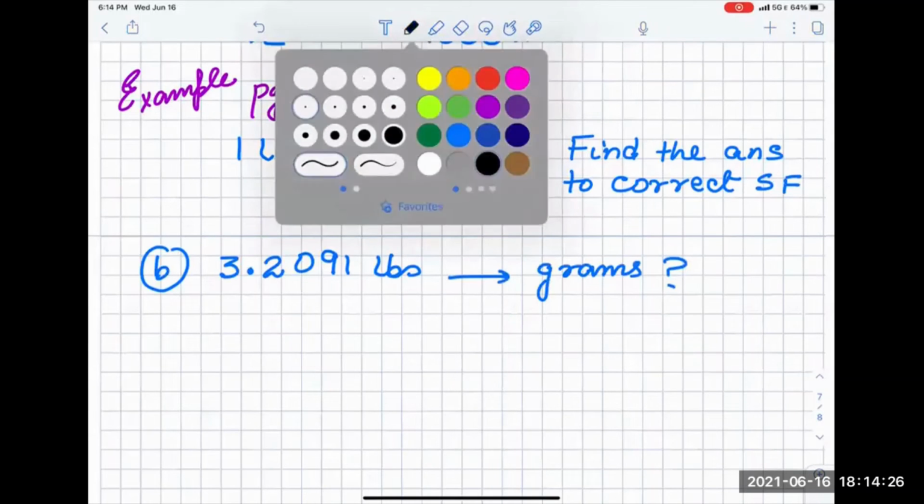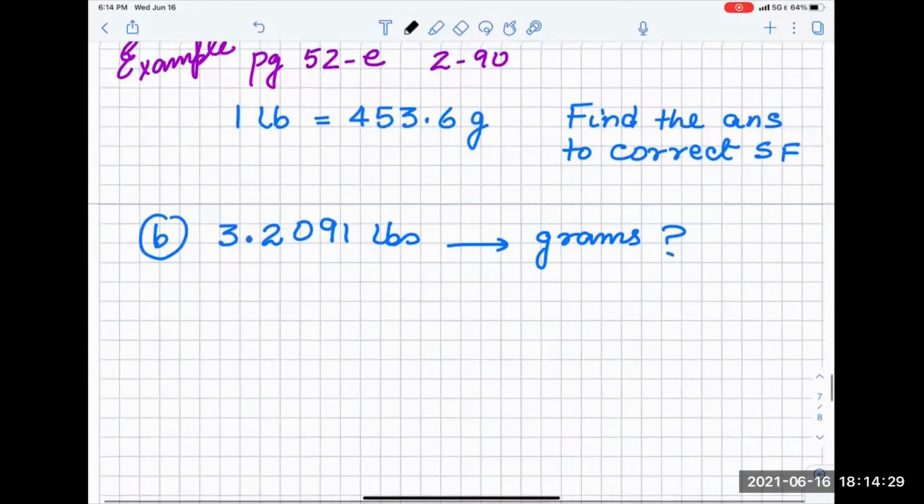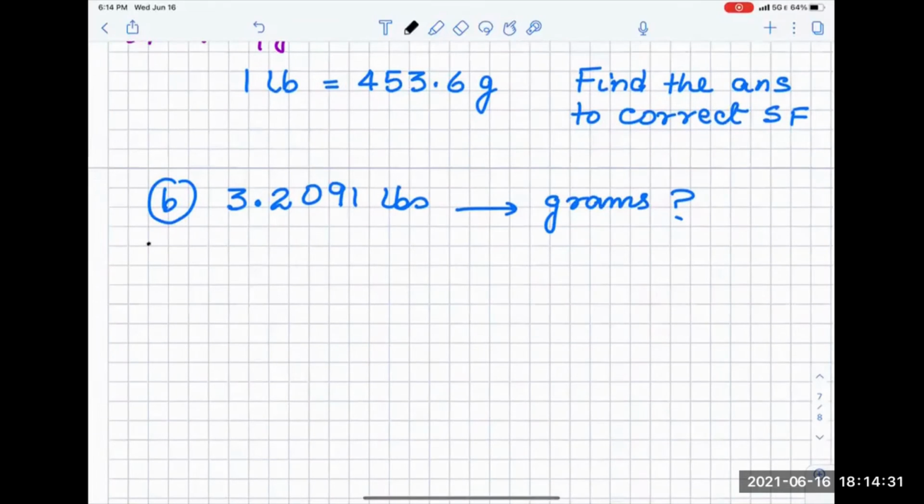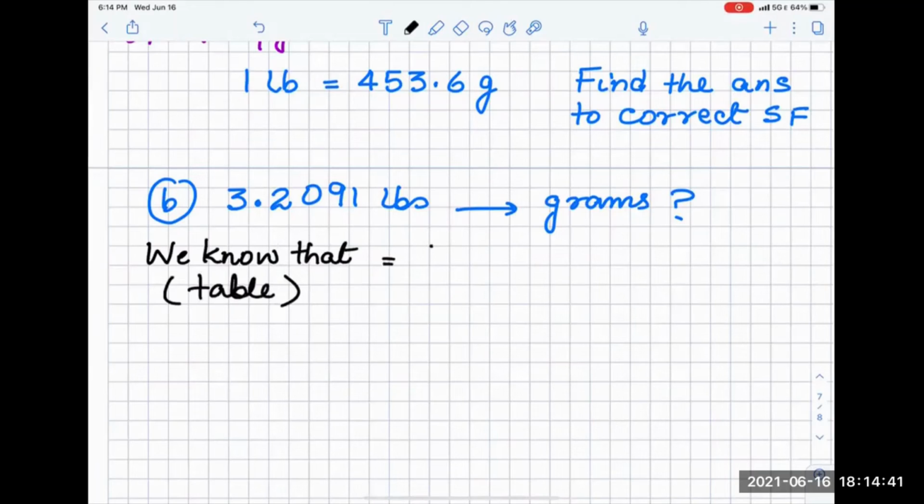So always write down your equality. We know from the tables, or it will be given to you, that 1 pound is equal to 453.6 grams.